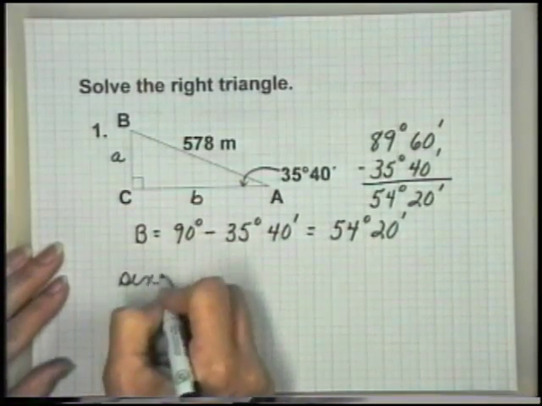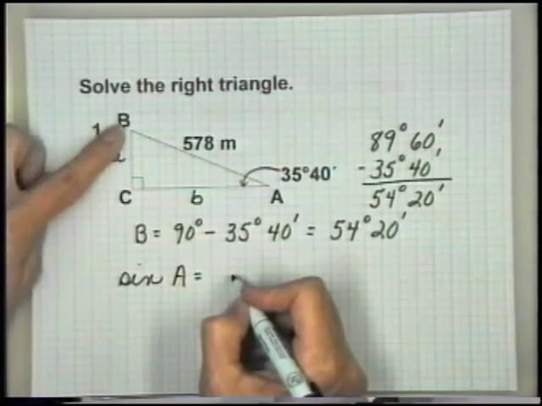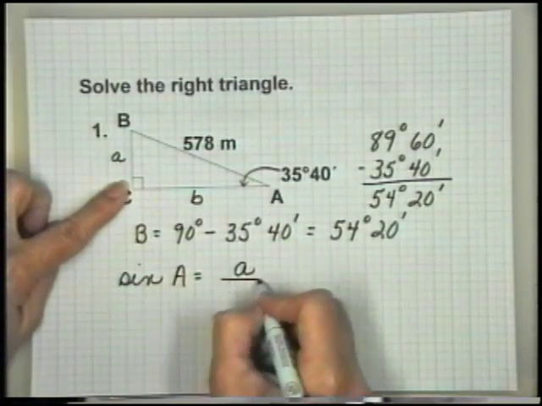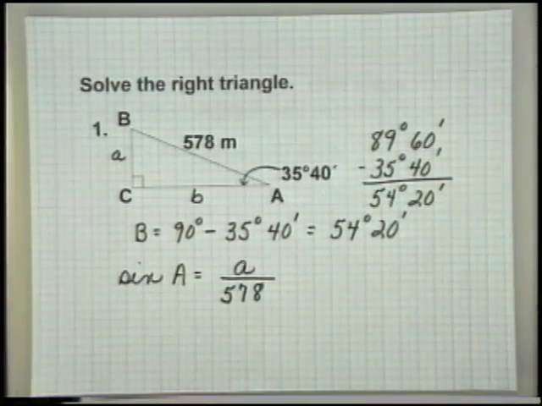Well, of course, there are two, but we will use that the sine of angle A equals the side that is opposite it, which would be side A, divided by the hypotenuse, which would be 578. Now, of course, we know the cosecant uses opposite and hypotenuse also, but since we don't have a cosecant button on our calculator, we usually find that it's easier when solving these problems to stick to the sine function, the cosine function, or the tangent function, because those are the buttons on our calculator.